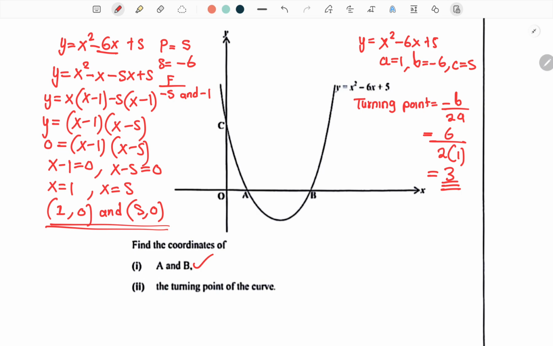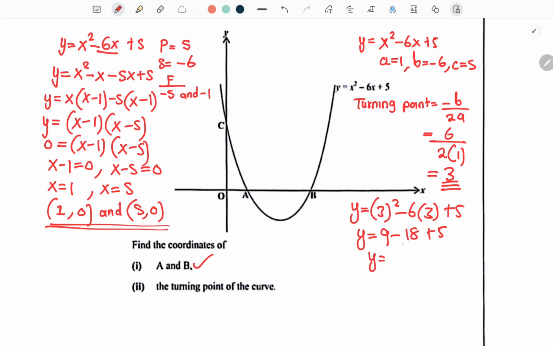So now we found our x value. Now we get this 3, you put it back into your equation. So this is going to be y is equal to 3 to the power 2 minus 6, then 3 here, plus 5. So this is going to be 9 minus 18 plus 5.